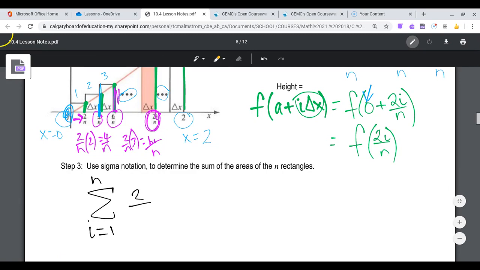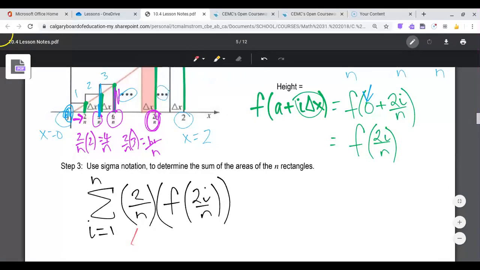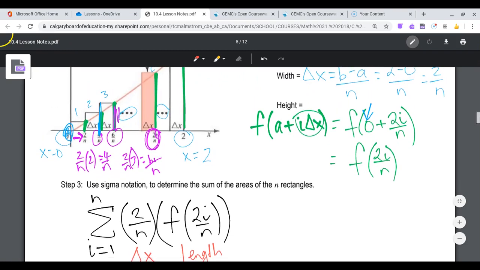Now we're going to multiply our width times our length, which is f of 2i on n. I didn't really need that extra set of brackets. That's okay. So it's the change in x times our height. All right, so let's now work with this.